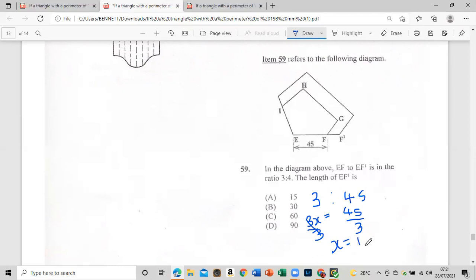So they gave us this side to be 4. So it's 4 times 15. It's math. I'm excited when it's math. So that is C.